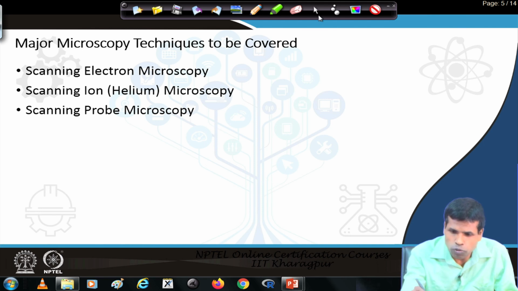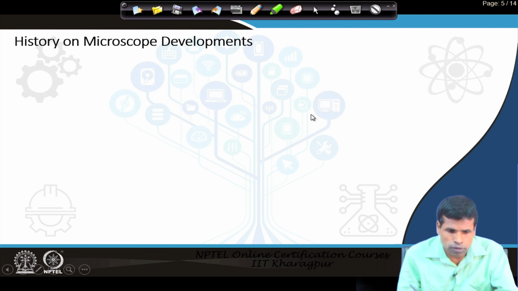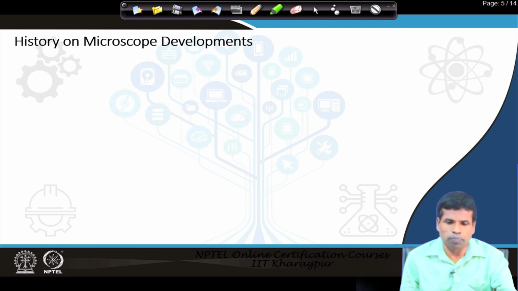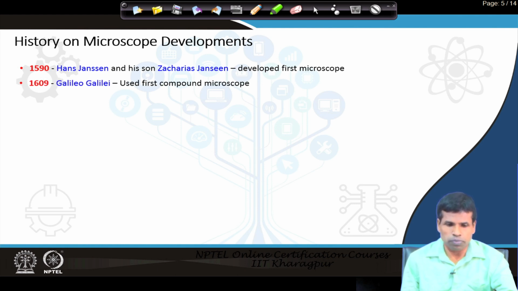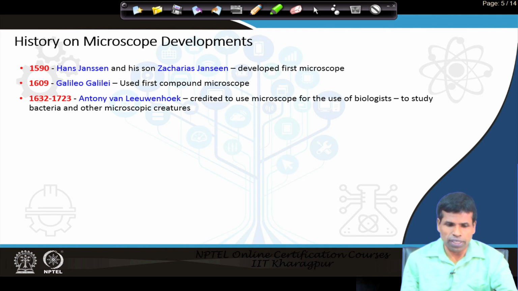Then let us go to the history of microscope development. The microscope was developed quite long back. First, in 1590, Hans Janssen and his son Zacharias Janssen developed the first microscope. Then in the early 17th century, Galileo first used the compound microscope.